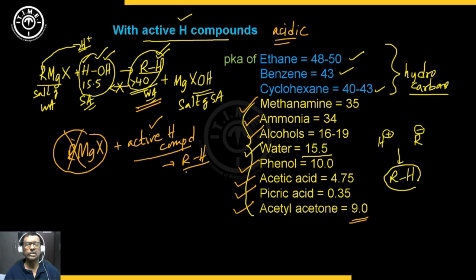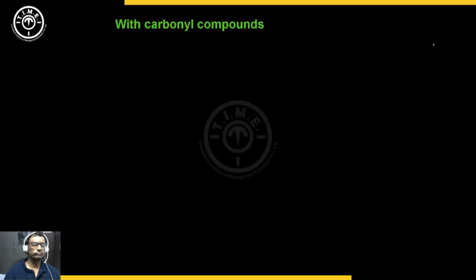It turns into RH. So if you want the Grignard reagent to be present, we need to have dry ether conditions. I hope this is clear. So with active hydrogen compounds, the Grignard reagent reacts directly, giving the corresponding hydrocarbon as a product. Is this clear? So shall we move on to the next reaction, that is with a carbonyl compound.